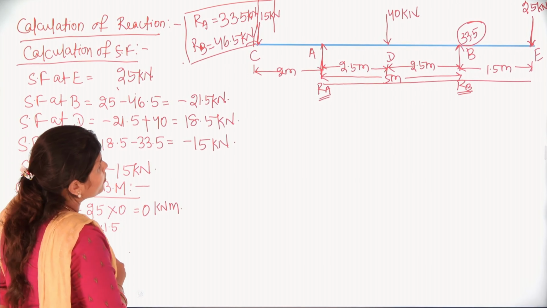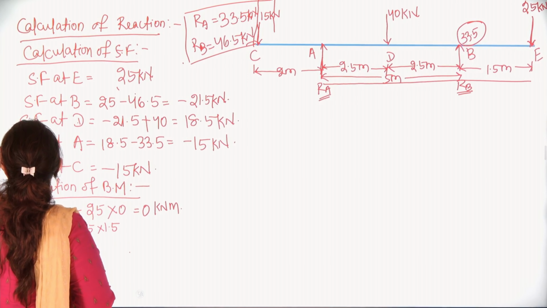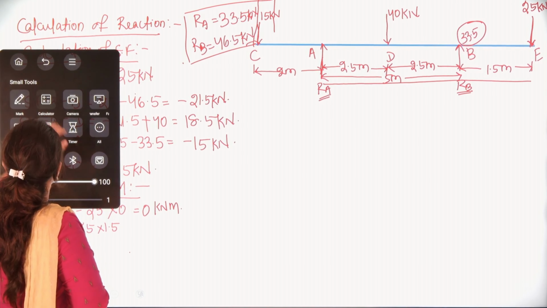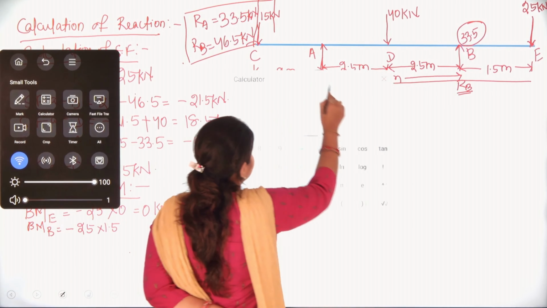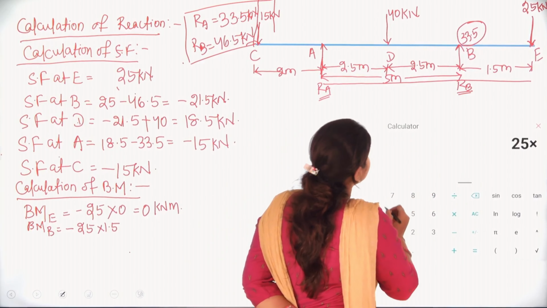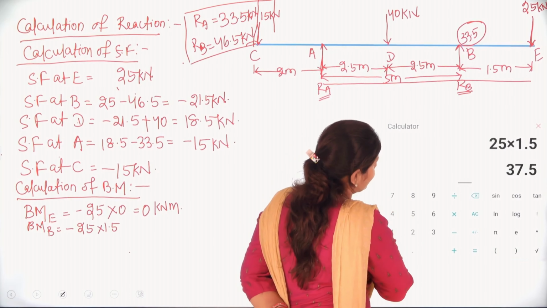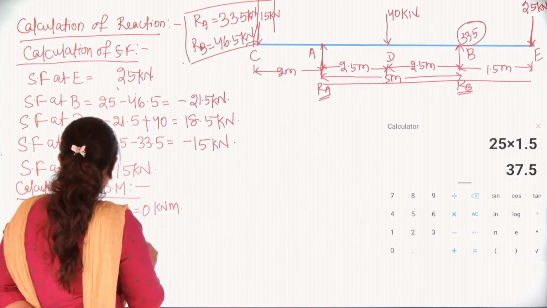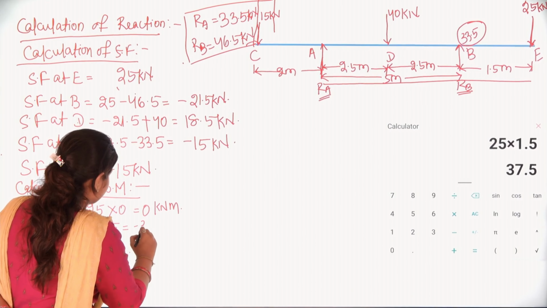Okay. So it will be 25 into 1.5, that is your 37.5 in negative.